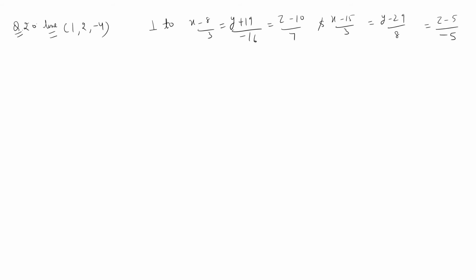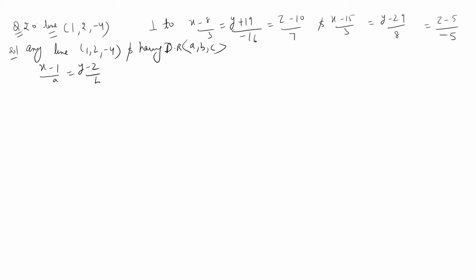So we know that any line through the point 1, 2, minus 4 and having direction ratios a, b, c can be written as x minus 1 upon a, y minus 2 upon b, and z plus 4 upon c. Right?